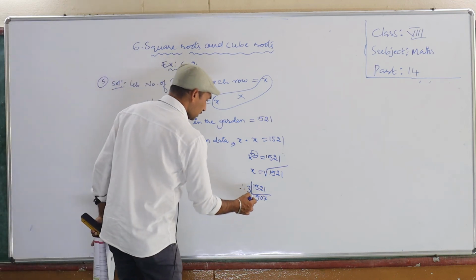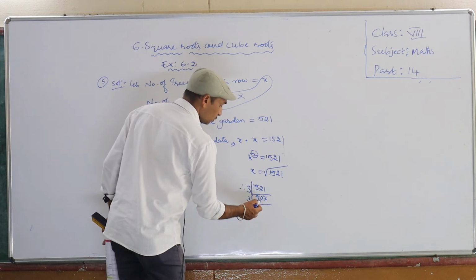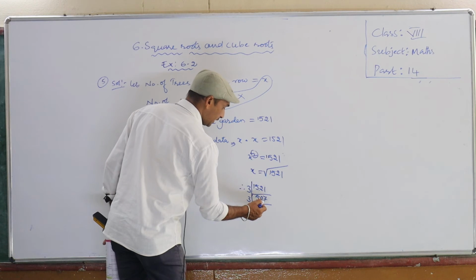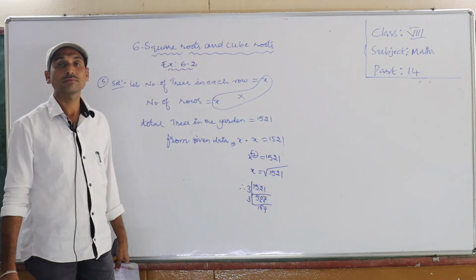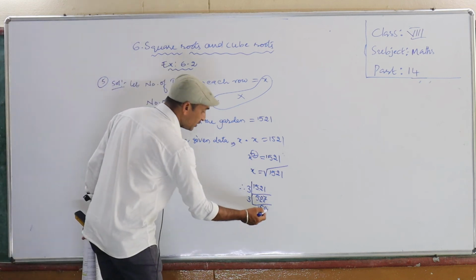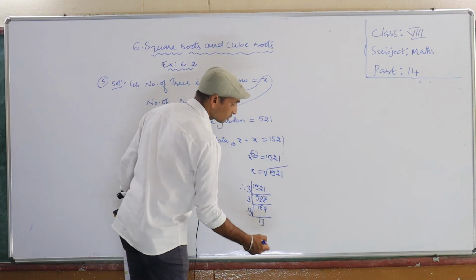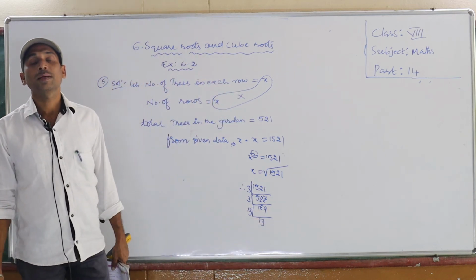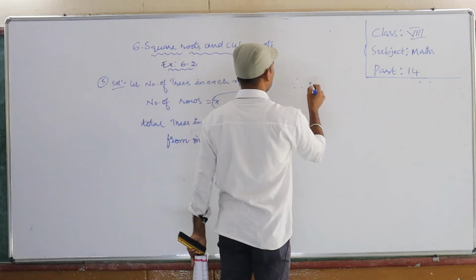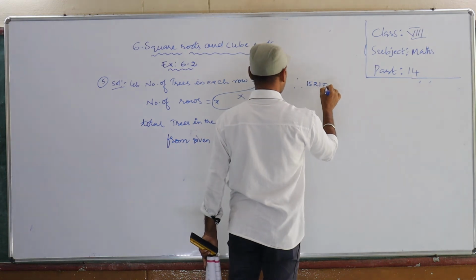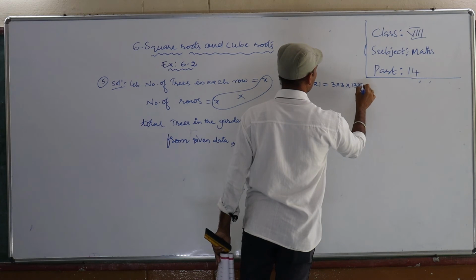Next, we see with 3 again: 3 1s are 3, 3 6s are 18, 3 3s are 9, so 507 then 169. 169 we can write as 13 13s, because 13 is a prime number. Therefore 1521 is equal to 3 into 3 into 13 into 13.